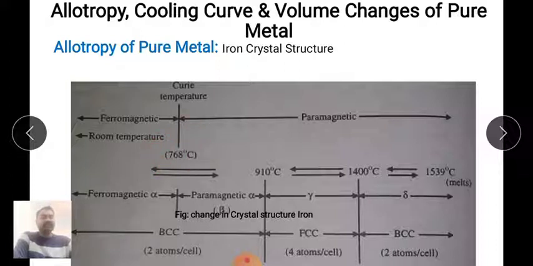Then next, from 910 to 1400 degrees Celsius, austenite occurs, which is in FCC structure and contains 4 atoms per unit cell.